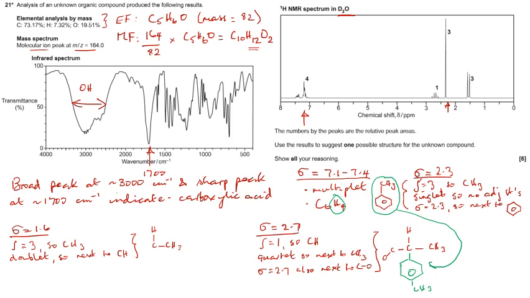I think if we just go up to the top and remind ourselves that we've got an acidic proton that's not got a peak, all right? So we're going to put that here. And we know from the infrared spectrum that we're going to have a carbonyl, which is this one here. Always good to write that. So the carbonyl can go here, like so.